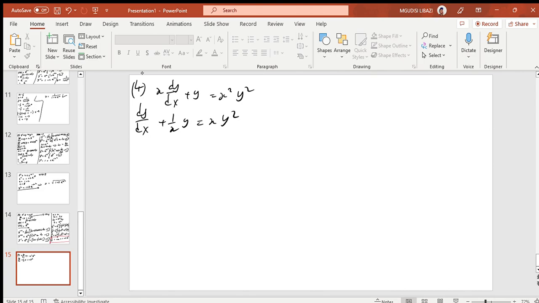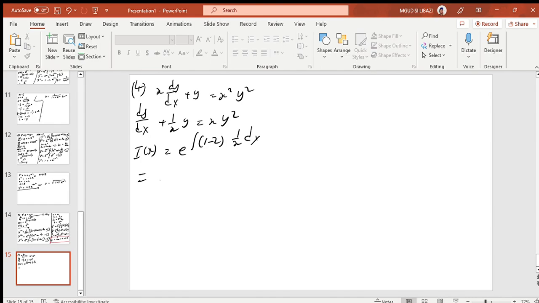You can see this is Bernoulli's equation by the exponent 2 there and by the y there. So what we can say now is that I of x should be equal to e raised to the integral of (1 minus 2) multiplied by 1 over x dx.